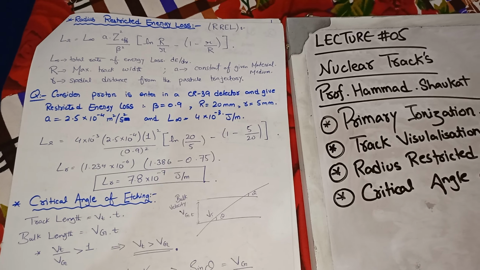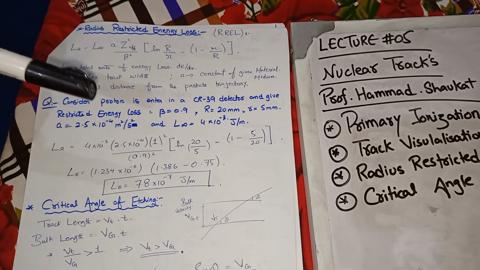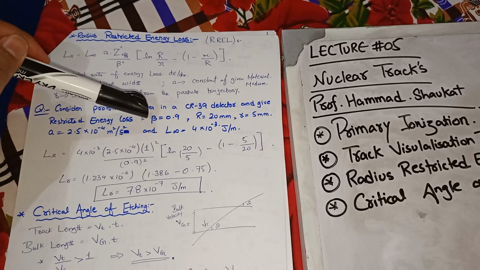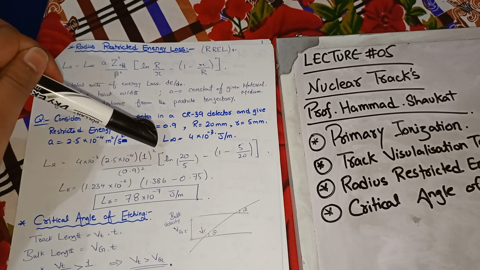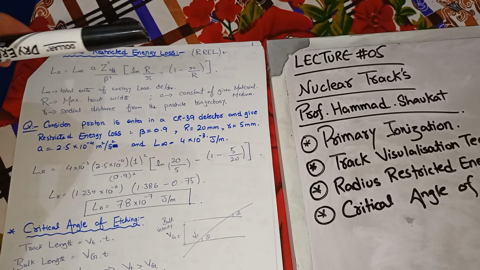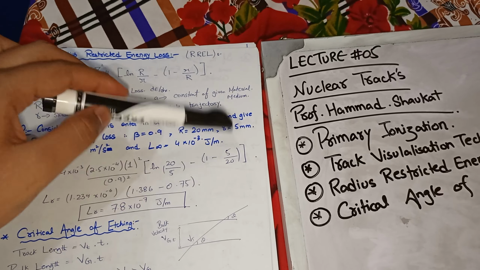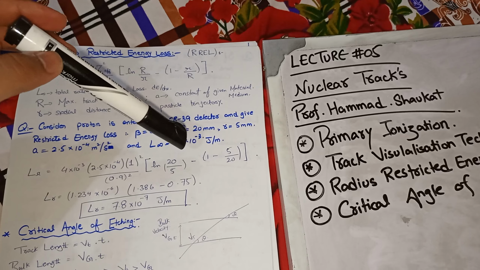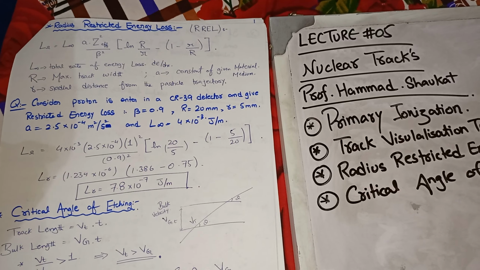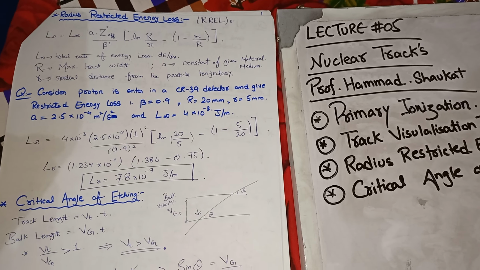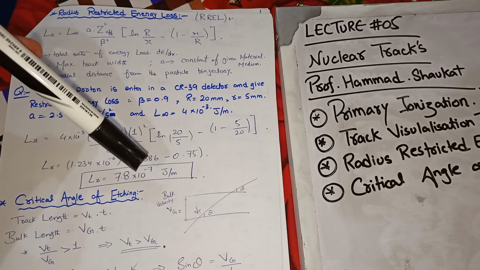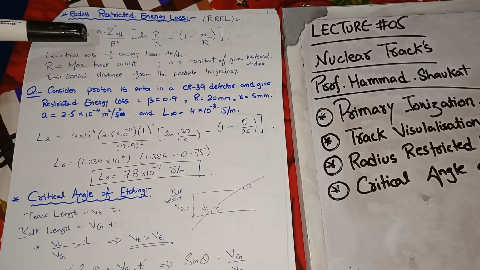Using the same formula, LR equals L infinity times a z square divided by beta square, multiplied by ln of capital R divided by small r, 20 divided by 8, minus 1 minus small r by capital R. After substituting all the values and calculating, you will get the radius restricted energy loss equal to 7.8 times 10 raised to power minus 7 joule per meter, because the unit of L infinity is also joule per meter.